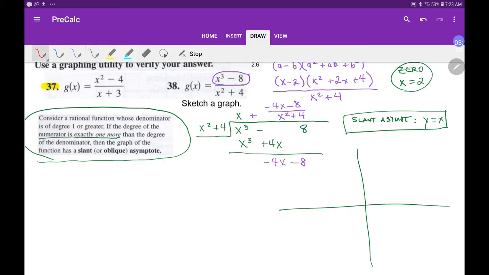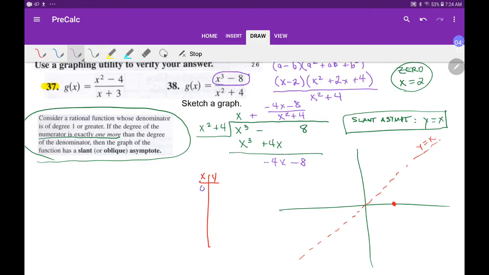Okay, so we'll say, here's my little graph here. I have a 0 at 2, so there's a 0. I also have a slant asymptote at y equals x. And then I'd like to fill in a little information just to see how things are going. So let's see here. What can we say?